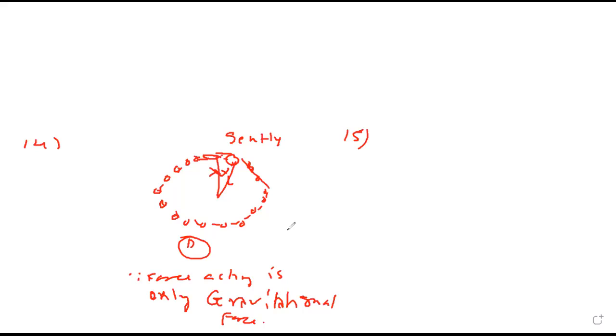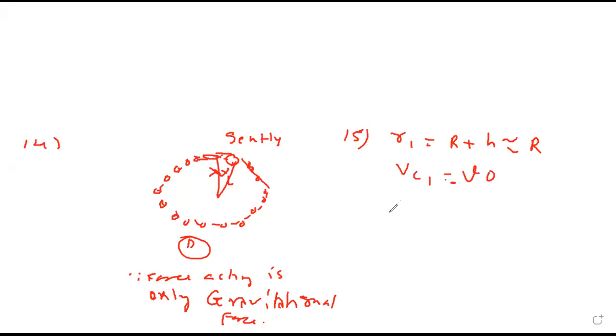15. Orbital velocity of an artificial satellite in a circular orbit just above the Earth's surface is V naught. Just above the Earth's surface means the radius of the orbit is not R plus h but only R. That time its critical velocity is V naught.